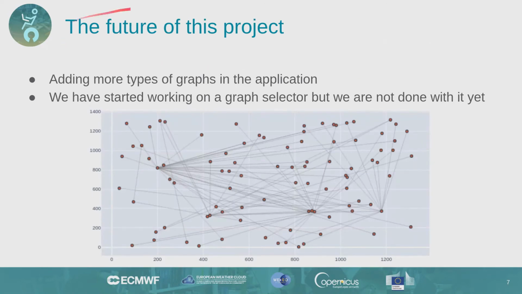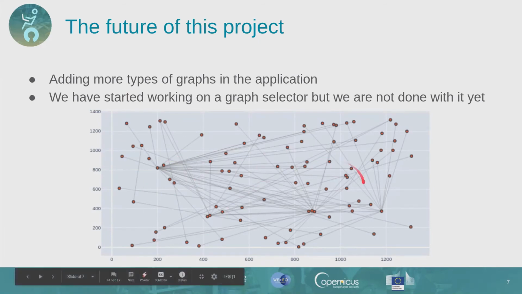So the future of this project is very simple. If you want to add some new graphs, you are just writing Python. There's nothing more to it. But if you want to add another kind of selector, for example, what we want to add right here, and right now I'm going to explain it to you because it's something really amazing, you are going to need to write a little bit of JavaScript.